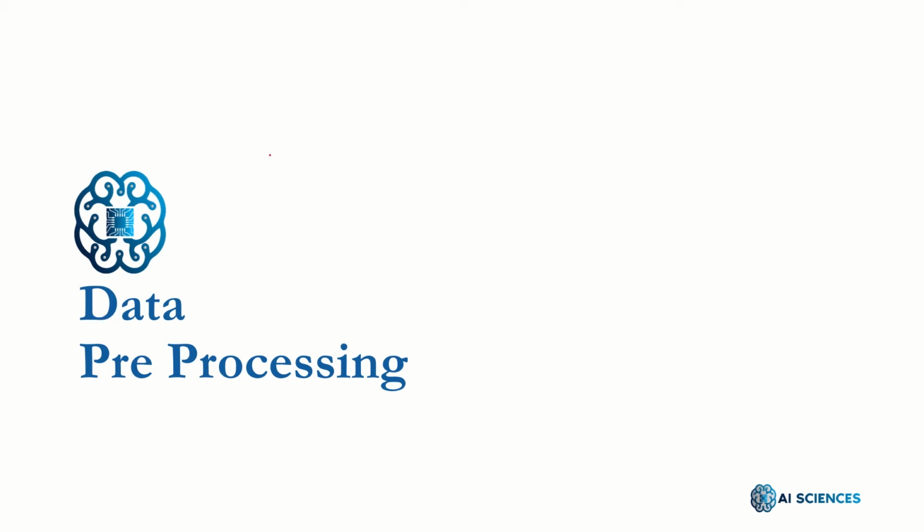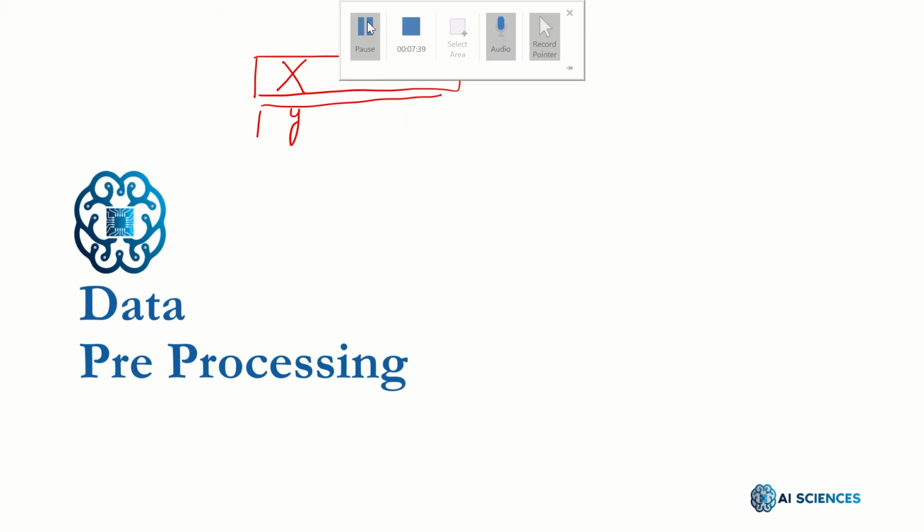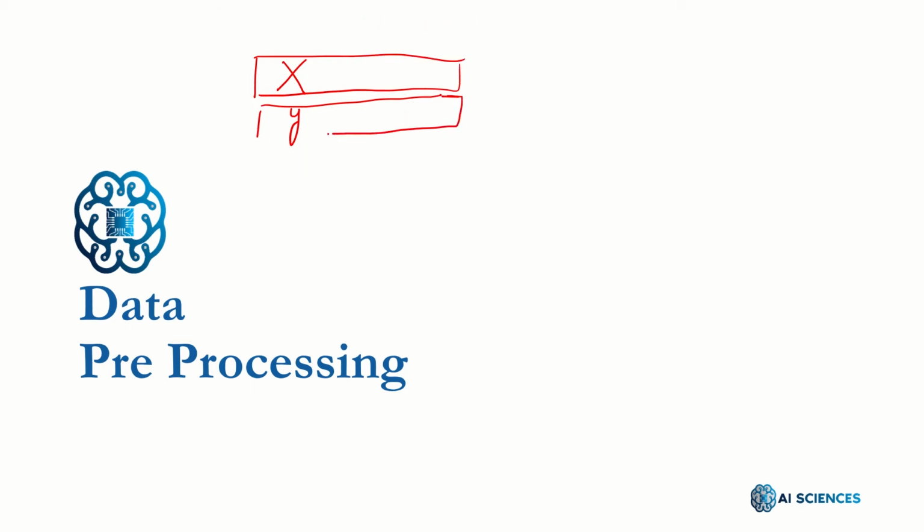What happens normally is, think about a supervised learning regime, and you have this data, let's say X, and the corresponding Y labels. And let's say we want to scale the data, so that it has zero mean and unit variance and so on.